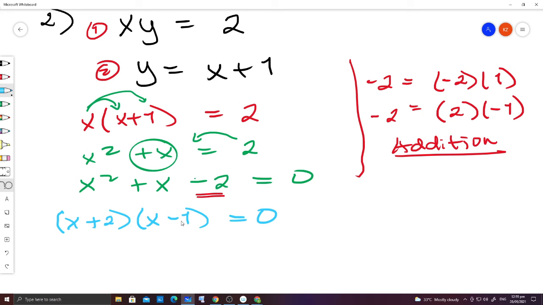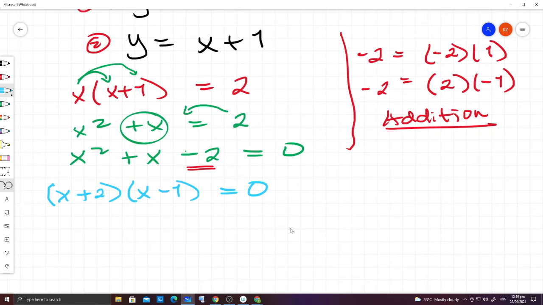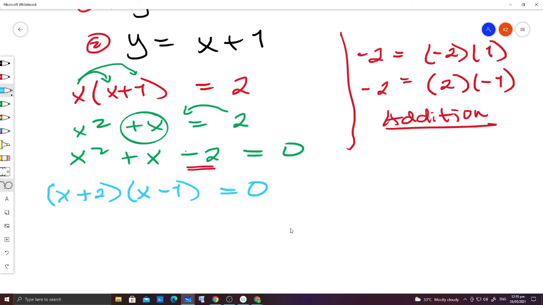Next, what will be the next step? x equal to -2. Let's separate first. So x is equal to -2, and another x is equal to 1.